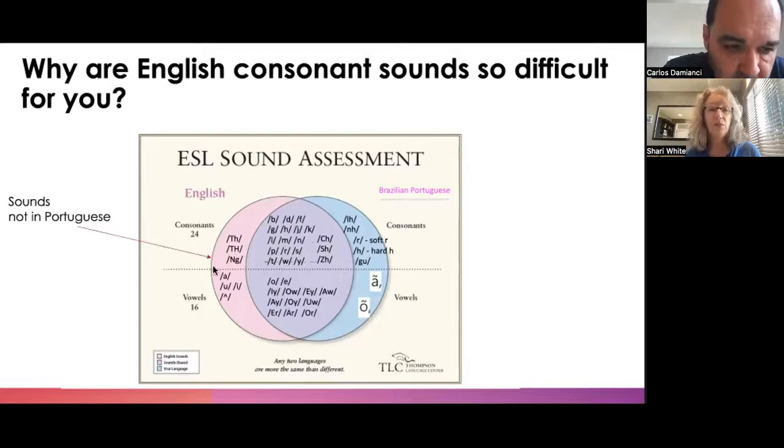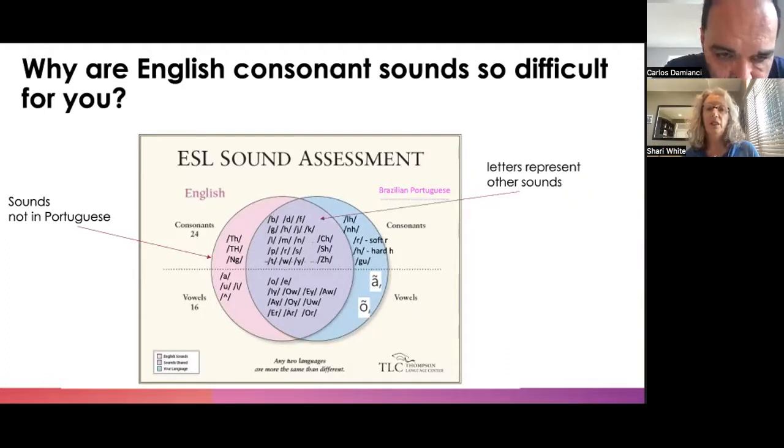So the th and the ing are not in Portuguese, which is why you have trouble pronouncing them. That makes sense. But the other problem is that some sounds are represented by other letters. This is a problem in English by itself, because sometimes the letters don't represent the sounds that you expect. But an added complexity is that it's different in Portuguese.